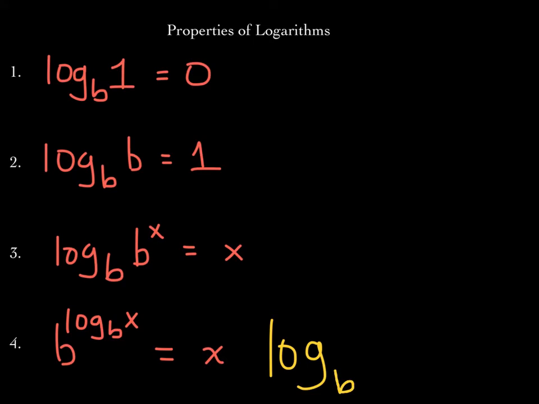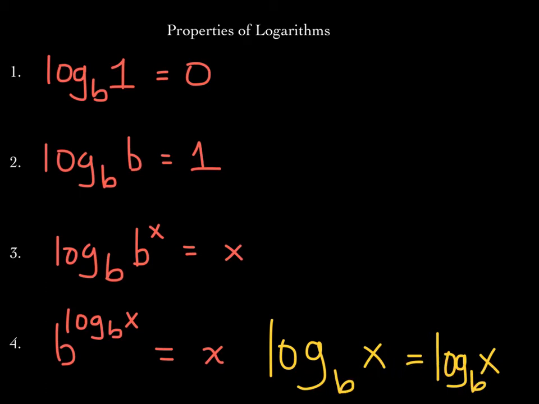Now a logarithm is an exponent, so I'm going to set this logarithm equal to the exponent, and the exponent happens to be log base b of x. Which leaves me with the argument must be x, right everybody? So what you get here, if you rewrite this exponential equation as a logarithmic equation, you get log base b of x is equal to log base b of x.